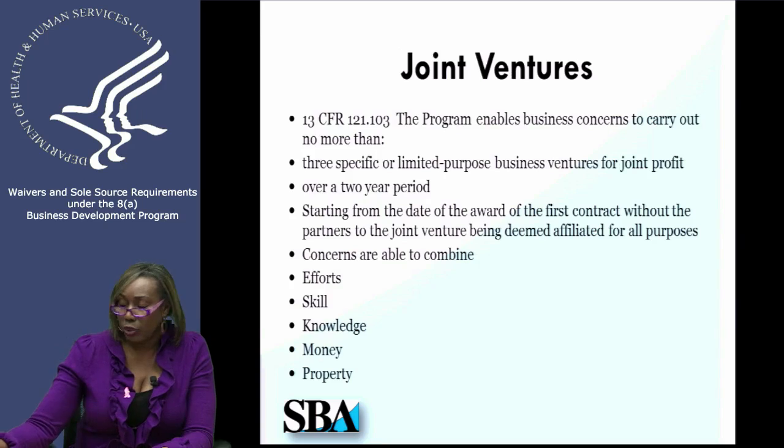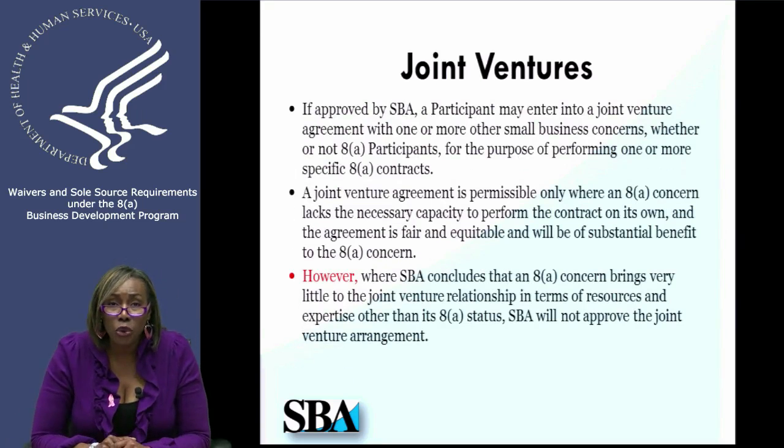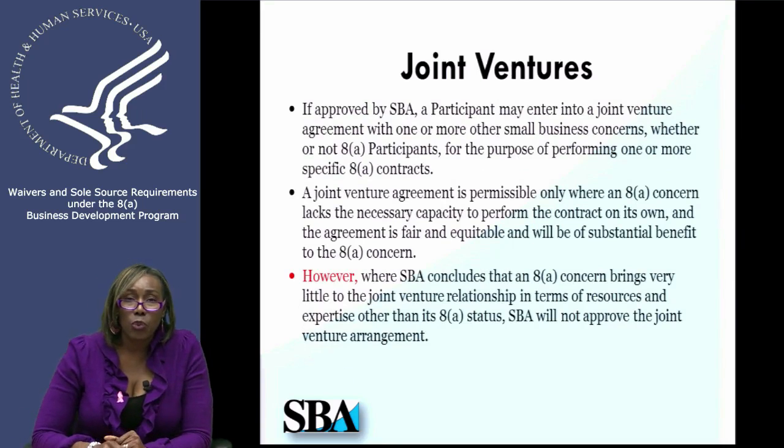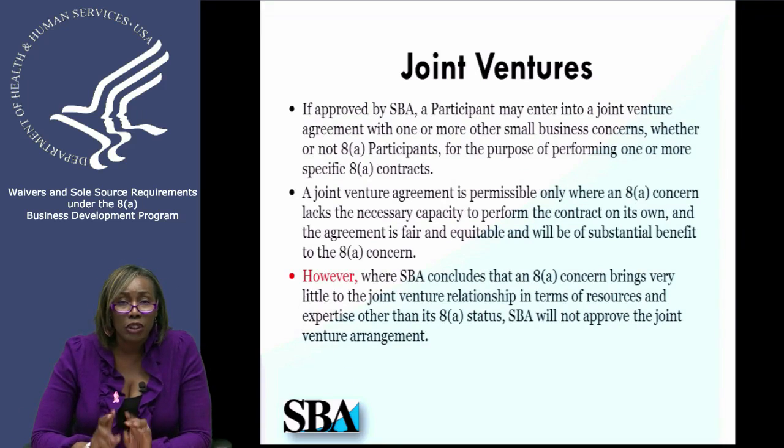And this is extremely important. Approved by the SBA, a participant may enter into a joint venture agreement with one or more, so it doesn't have to be 2, just one or more other small business concerns. If it's other small business concerns, then we're looking at the NAICS code of the 2 small businesses.